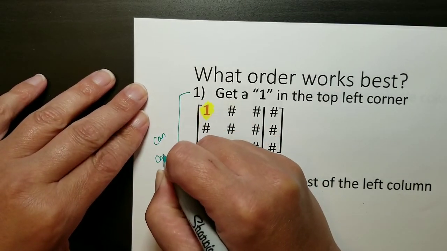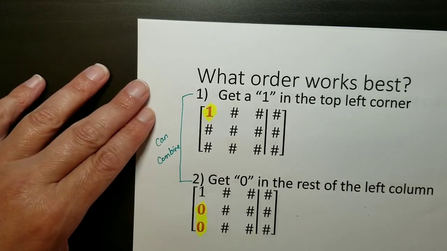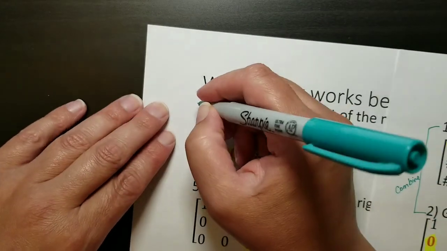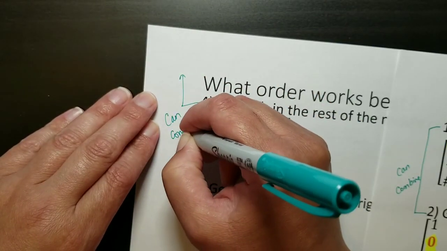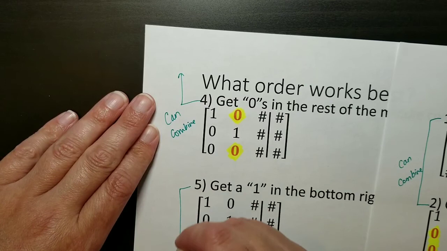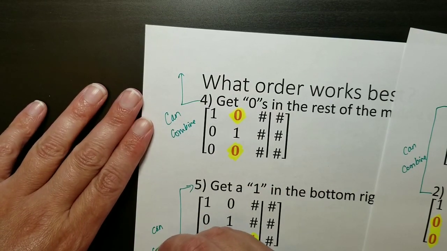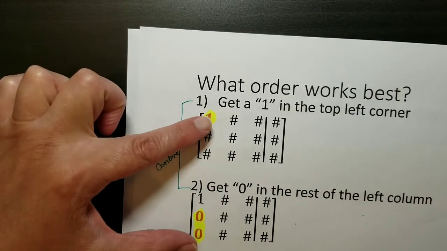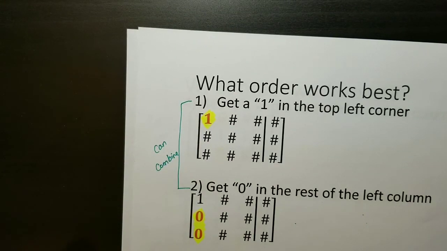So you can combine those, and then similarly with 3 and 4, you can combine those 2, and 5 and 6. So especially once you get good at this, you may only do this in 3 steps: 1 step of operations for the first column, 1 for the middle column, and 1 for the last.